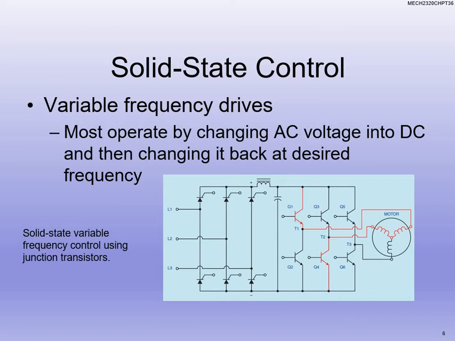Those are BJT transistors, bipolar junction transistors. We didn't really cover transistors in the electrical class, but they're electrical switching devices. The rectifiers, the SCRs, gather the specific voltage that we want and rectify it, flattening it out into DC.